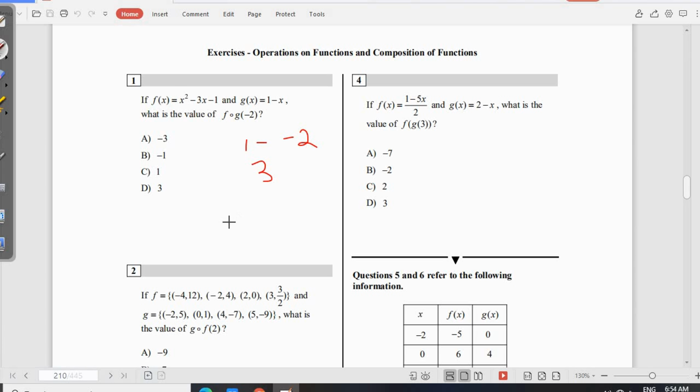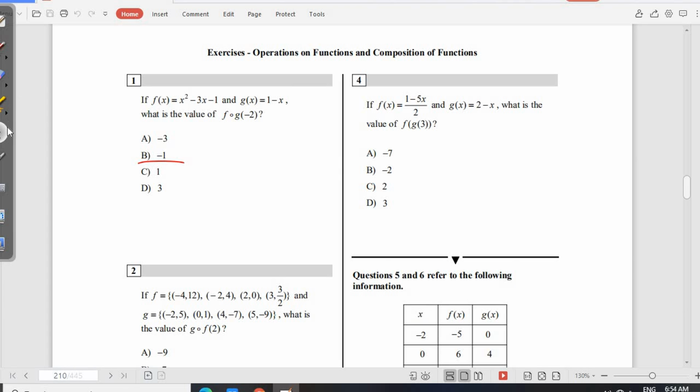You have 3 square minus 3 times 3 and minus 1. 3 square is 9, minus 3 times 3 is 9, minus 1. We still got the same answer that we did that time, minus 1. Okay, so you could be fast with it when you get to this.